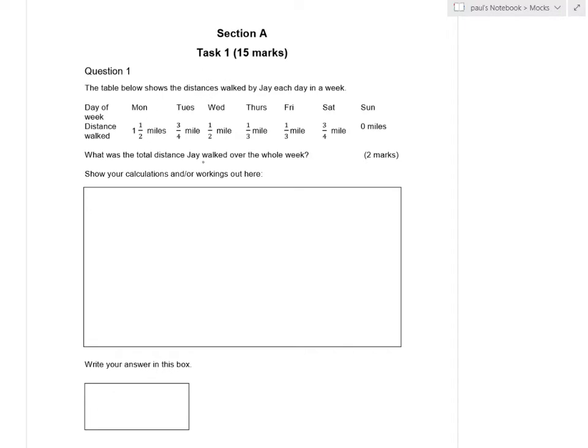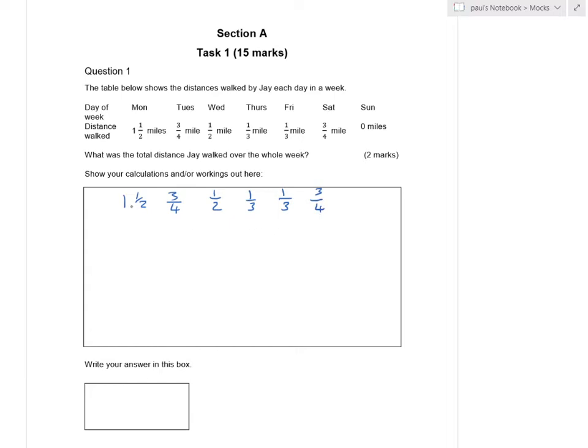What's the total distance Jay walked over the whole week? So we've got to add all this lot up. Okay, so we've got 1, 1.5, 3/4, a half, a third, a third, and 3/4.